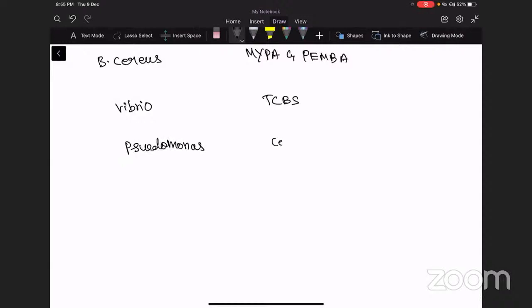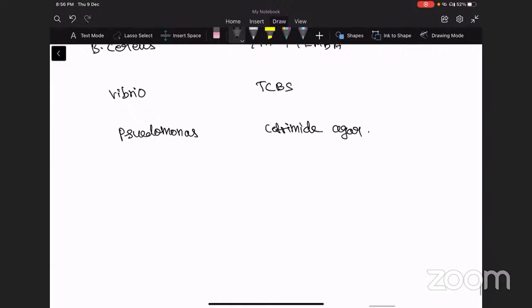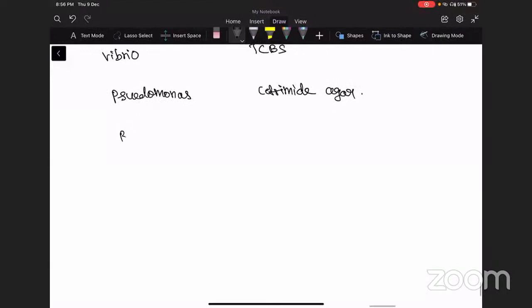Pseudomonas: we have the important cetrimide agar. Pseudomallei: Ashdown medium.